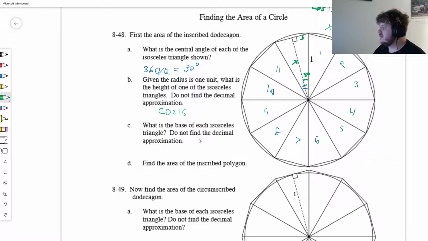And then for the base of each triangle, since it's y, we use sine. Sine of 15 degrees equals y, opposite over hypotenuse, so y over 1. Therefore y equals sine of 15.